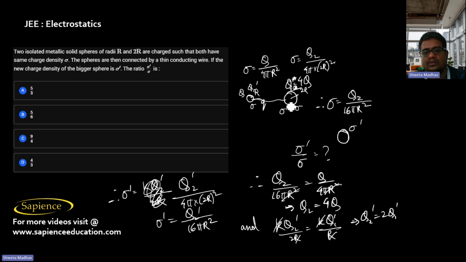Initially the larger sphere of radius 2r had charge 4q and the smaller sphere of radius r had charge q. If charge q has flown from the smaller sphere to the larger sphere, then q2 dash will be equal to 4q plus q, and q1 dash will be equal to q minus q.